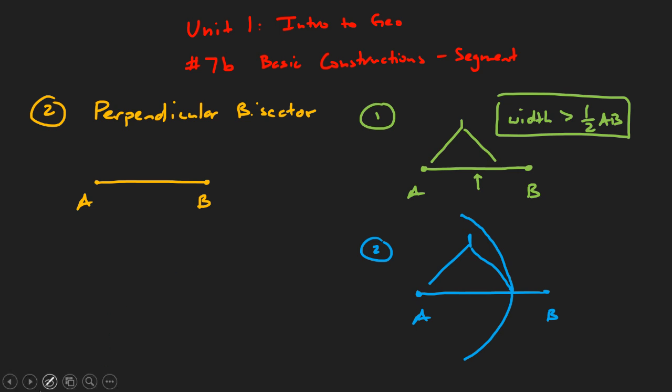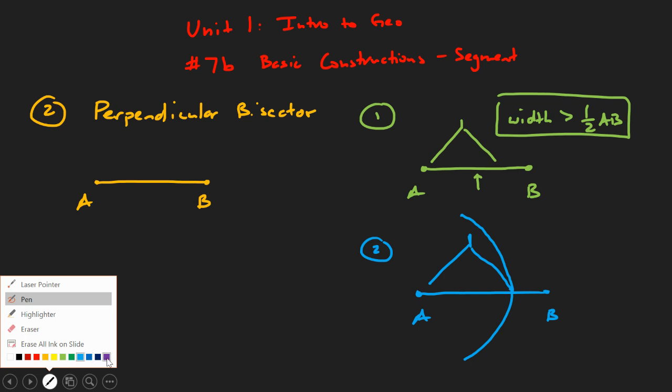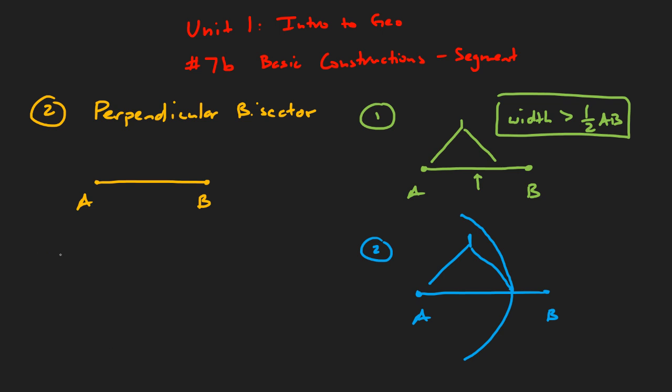Okay, then in step 3, and again, I might run out of space, I might have to erase some things. So in step 3, right now we have segment AB, and again, I'm just drawing it so you see what we're going to add, and you already have this big arc.